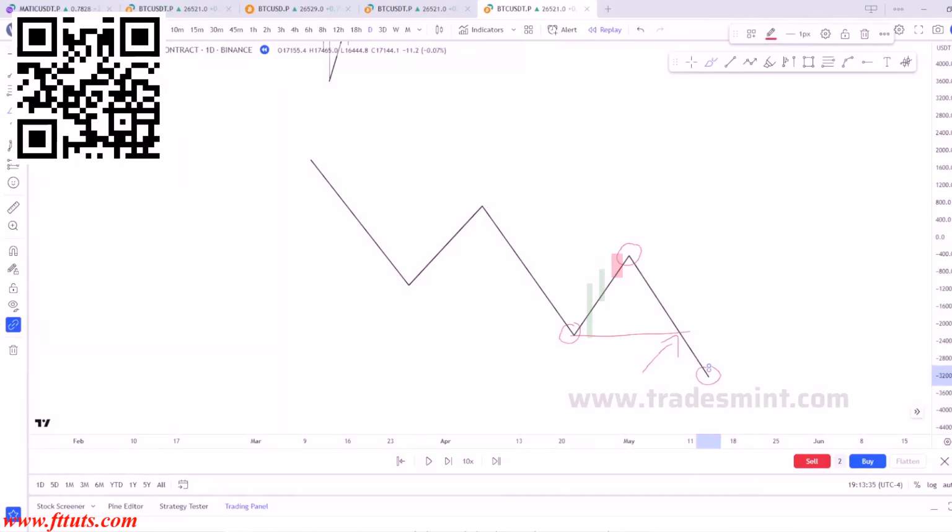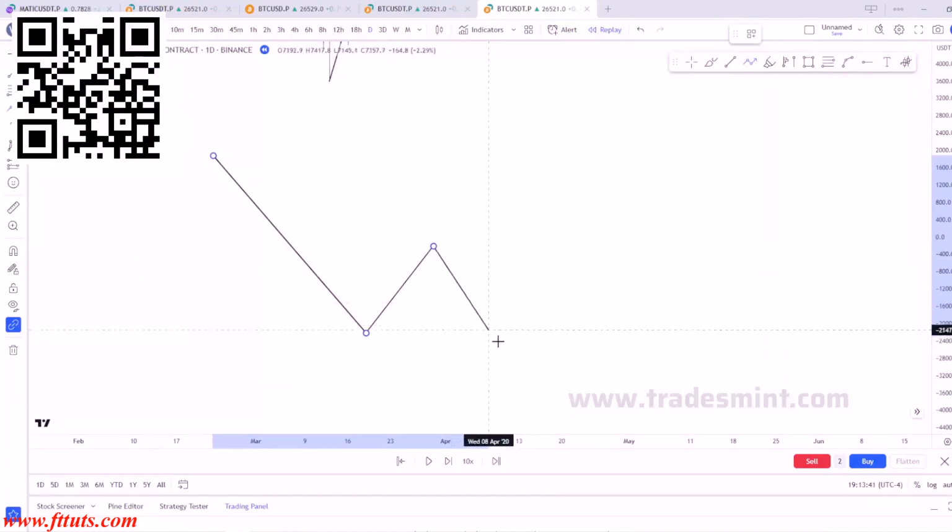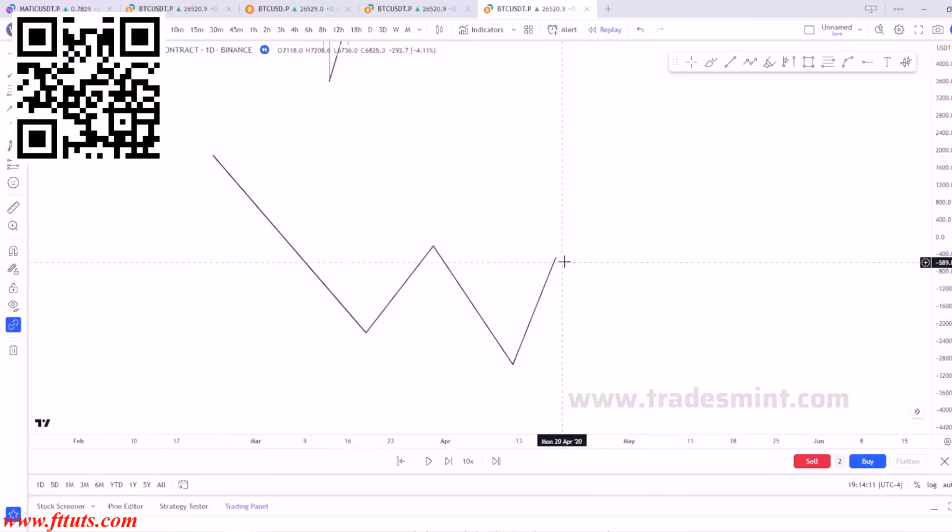So remember, during any downtrend or uptrend, the lower high or higher low is not confirmed until it is touched again. It's not confirmed until that previous higher high or previous lower low is touched again. Very, very important.